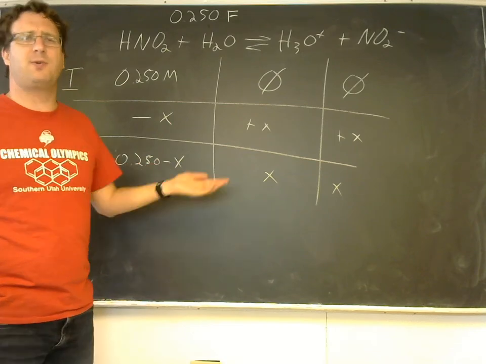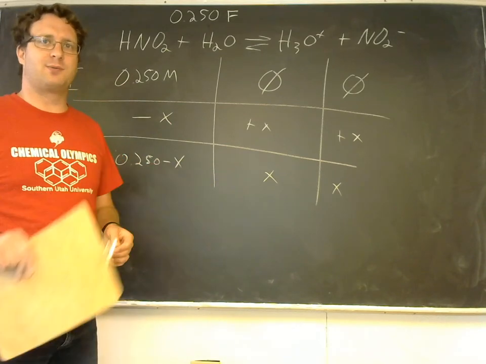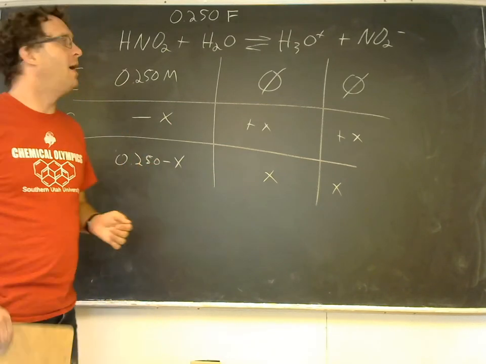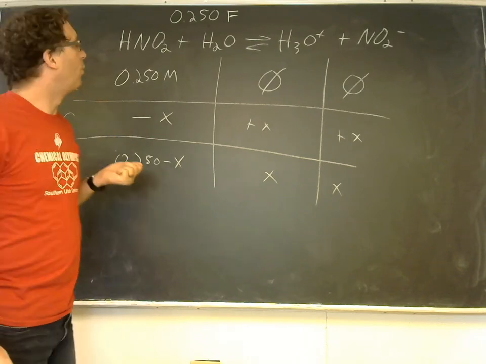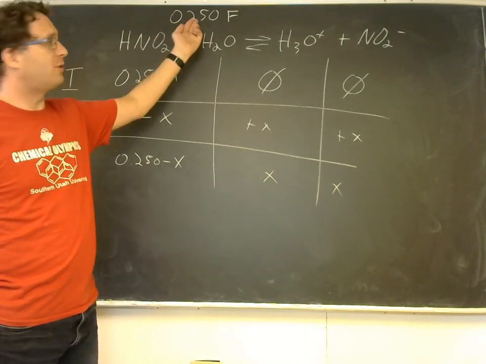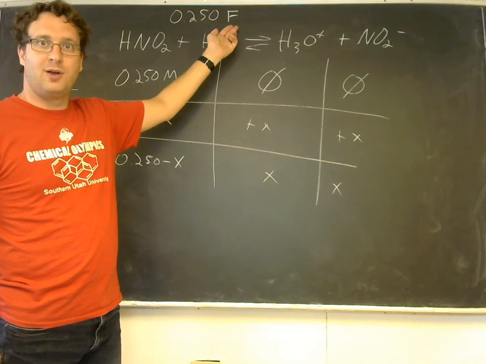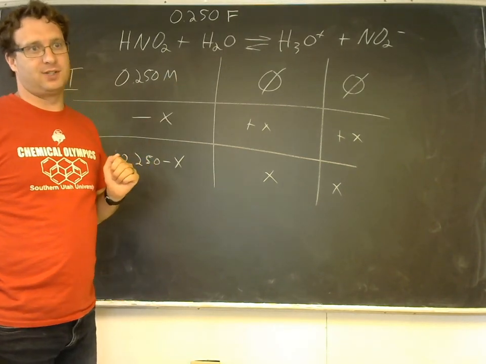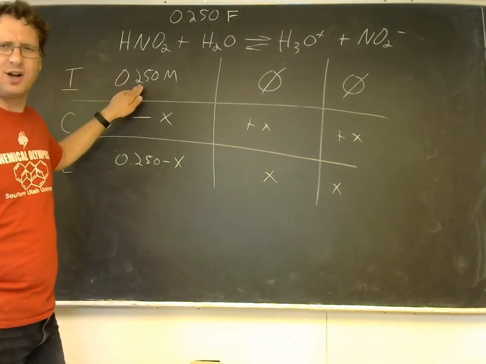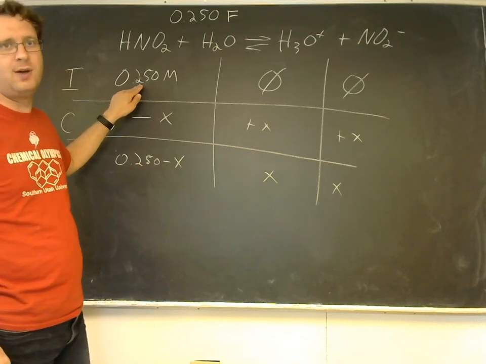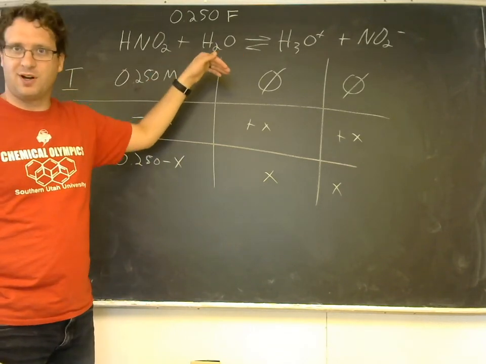So for people that are really pedantic and want to be very precise with their language, which I sometimes am, we'll say that this is a 0.250 formal solution of nitrous acid. And that means that the initial concentration here is 0.250, and we don't even know yet what the molar concentration is.